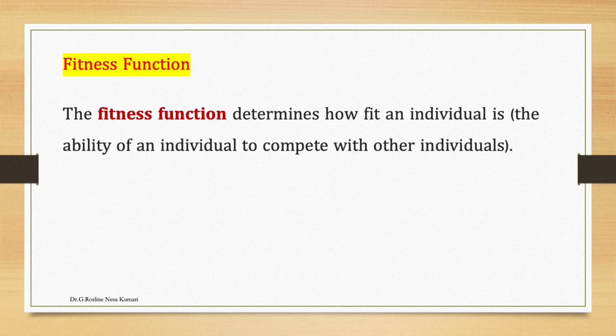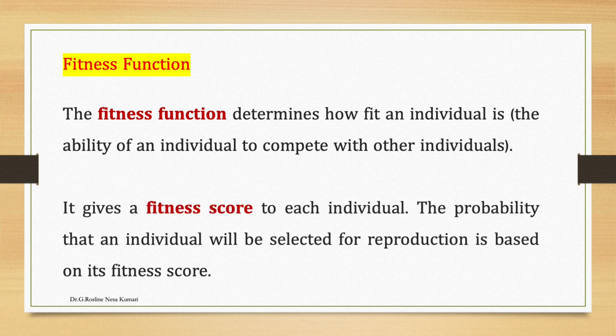The second step of the genetic algorithm is the fitness function. The fitness function determines how fit an individual is, that means the ability of the individual to compete with other individuals. It gives a fitness score to each individual. The probability that an individual will be selected for reproduction is based on its fitness score.